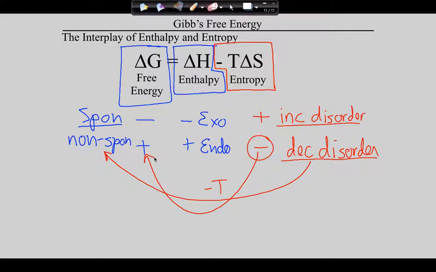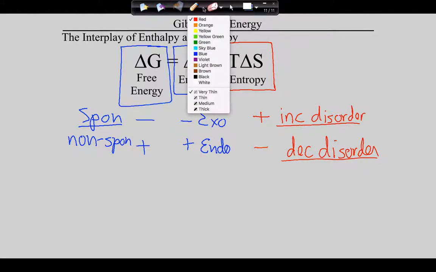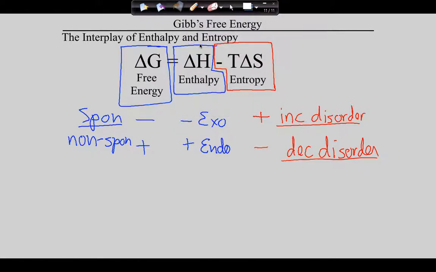Okay, so now guys, this is what we've got to do. Let's get rid of this. I'm going to switch to another, and yet hopefully not a horrible color. Let's go green. So guys, the idea is this. Ready? If we have a negative delta H and a positive delta S, that reaction will always be spontaneous.